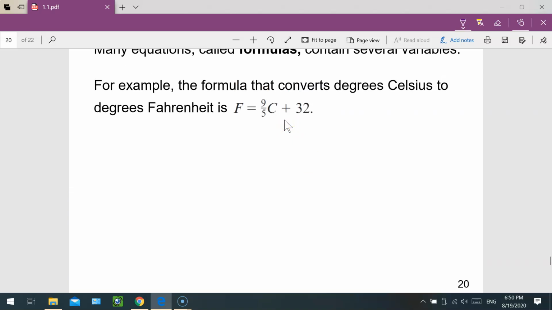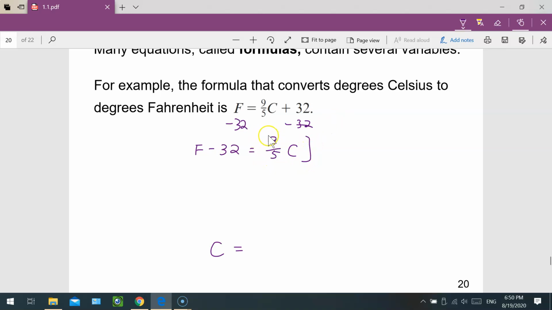The way we can solve for C, the first step, we have to subtract 32 on each side. Then I will have F minus 32 equals 9/5 multiplied with C. Keep in mind, our final target is a single C. The only way I can get a single C is to get rid of the 9/5.